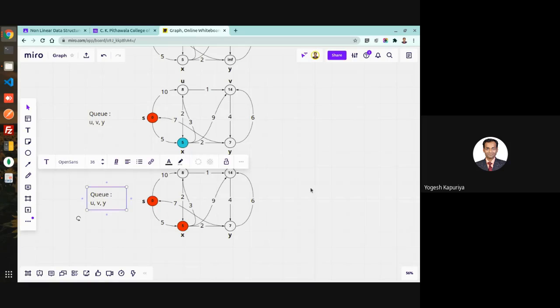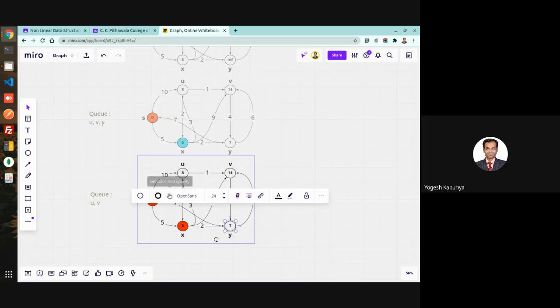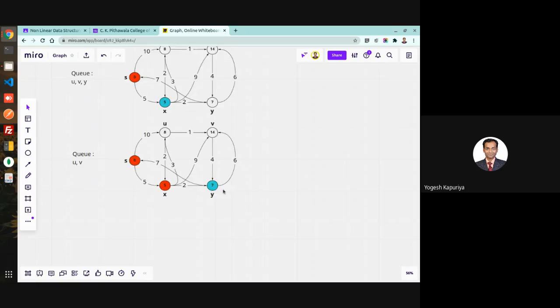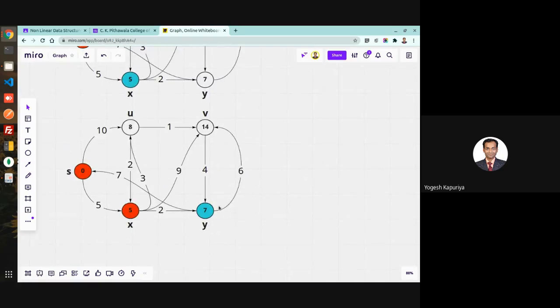U, V, and Y. U is 8, V is 14, and Y is 7. That means Y will be extracted from the Q. Because Y is extracted, let's change its color. This is the vertex which we are required to process now.